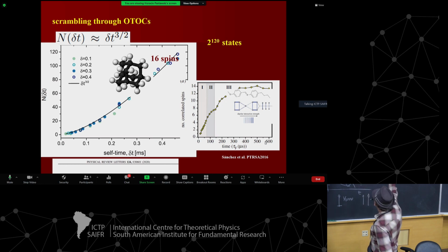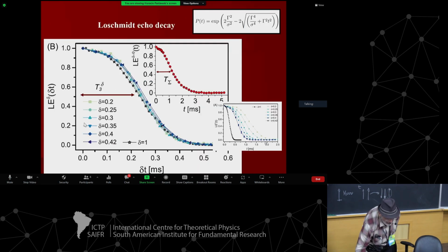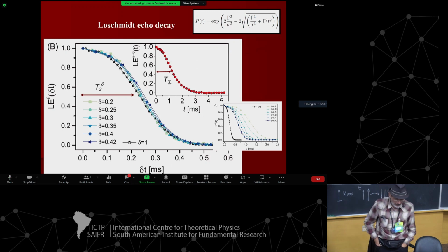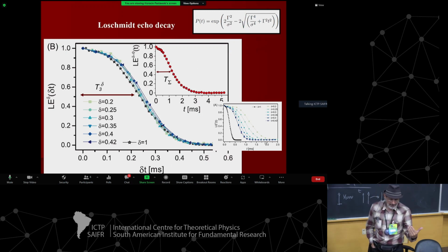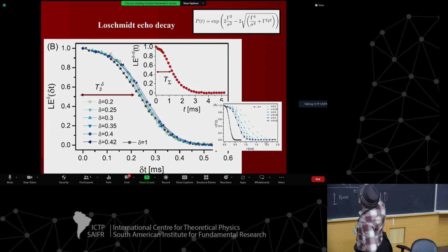Here there is no problem. That's already saturated because it's a finite system. So all the decays that I see are sigmoidal decays, that's a Fermi function, and they look like the same function. More or less, if we scale down with the strength of the interaction, they look much the same.